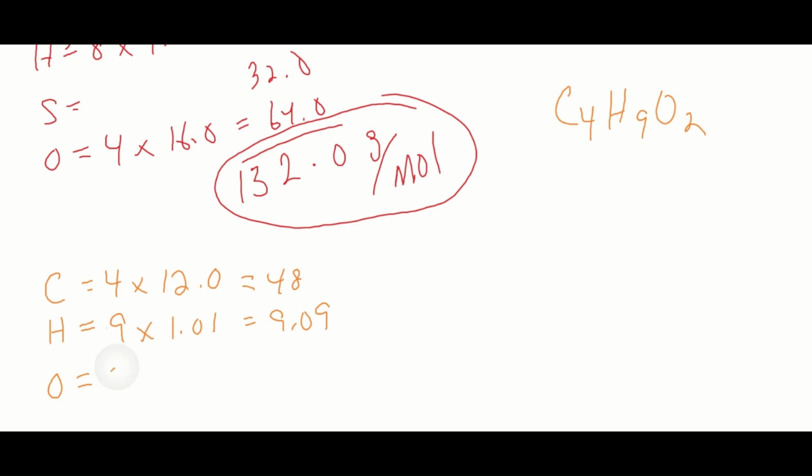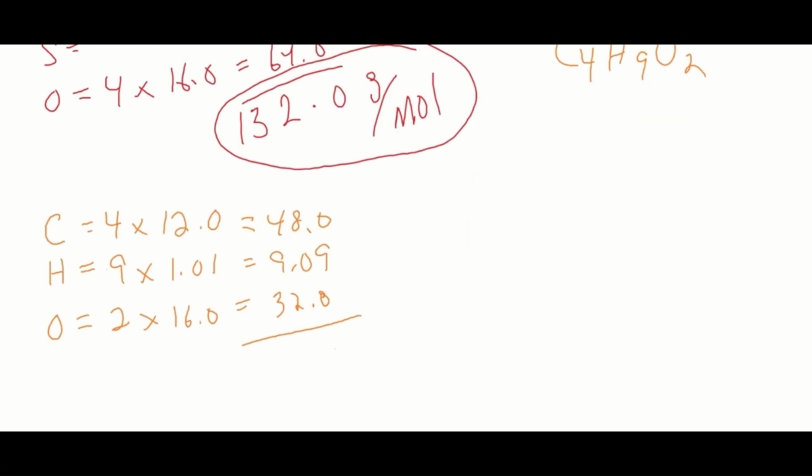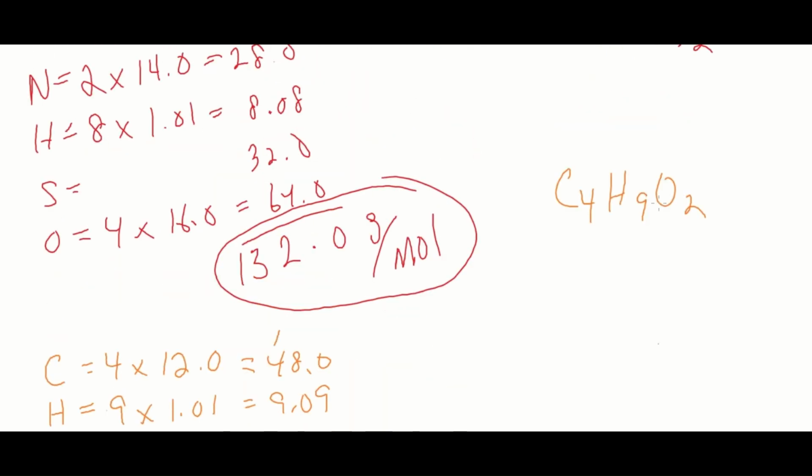There's 2 of them. 32 is the oxygen component. So 89.0 grams per mole is the molar mass for C4H9O2.